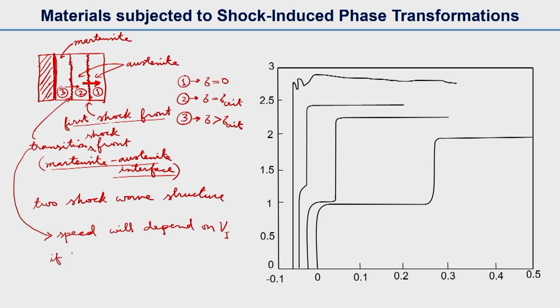If VI is very high, what will happen is that it will have a very high transition shock wave front speed. This we can write as U transition shock wave.